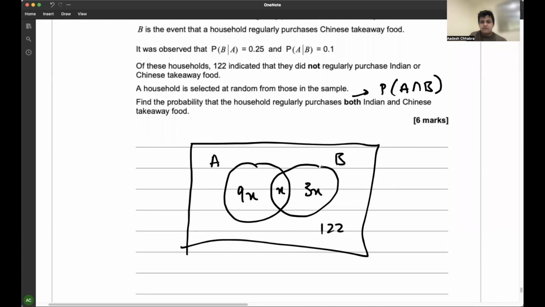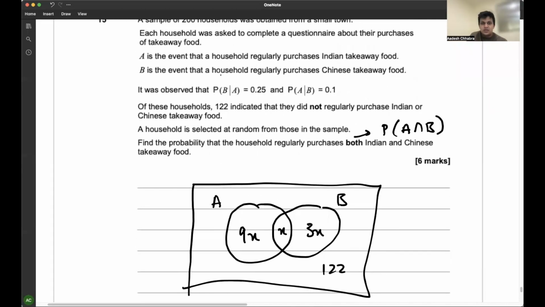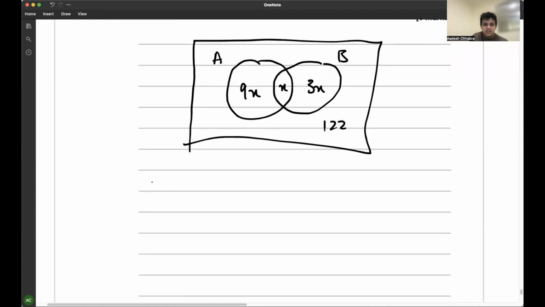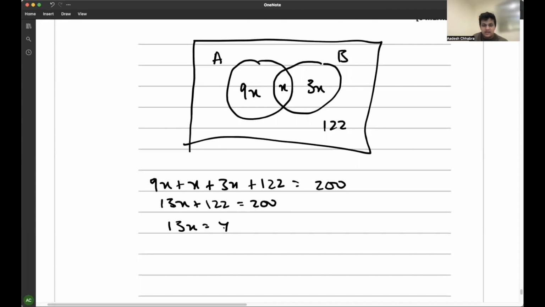So from this, we know that the total sample was 200. So we can go ahead and create a balance here. So we know that 9x plus 3x plus 122 is equal to 200. And this gives us 13x plus 122 is equal to 200. 13x is thus equal to 78.